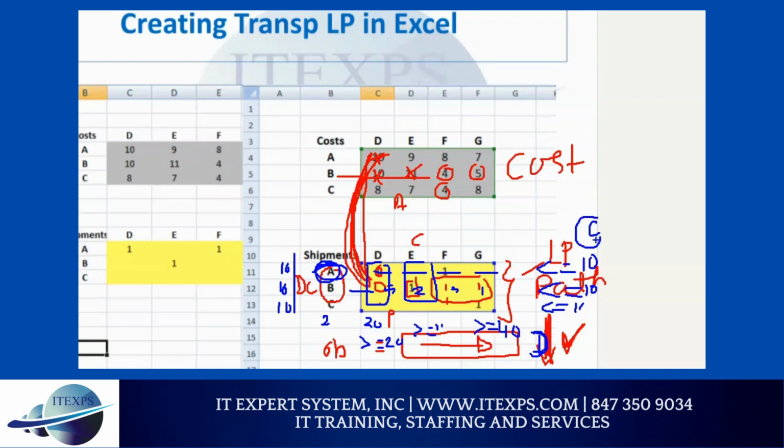Now, another constraint. If I take a product, can I take 4.2 products here and 0.8 product here? Can I do that? No. So there is a special constraint we need, called the integer constraint. Integer constraint means when you take an item, you take it in full, either 1, 2, 3, 0, 5, but not 1.2, 1.9, 0.8.